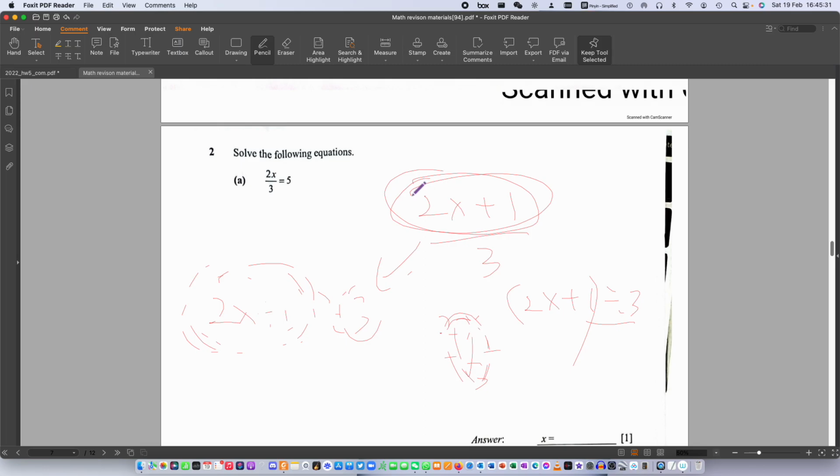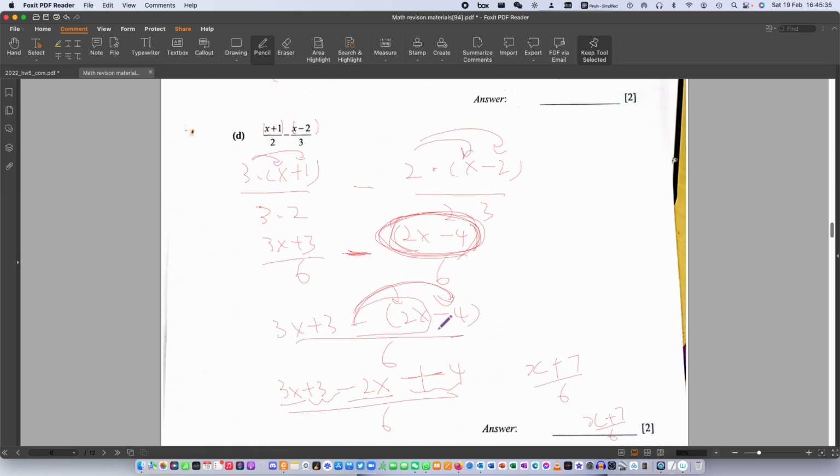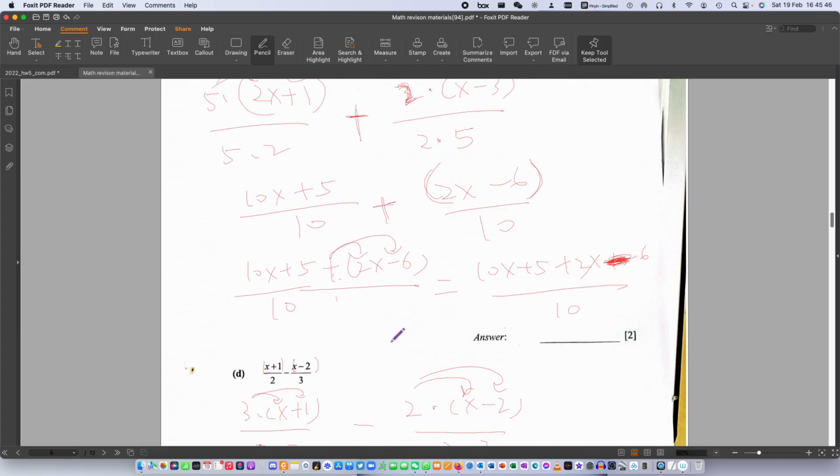That's why just now you asked me why need a bracket above. If you don't put a bracket here, you are not telling people you are using the entire block. Are you clear? So when it's plus 1, plus also needs a bracket. We conveniently don't put it, but in fact you need.